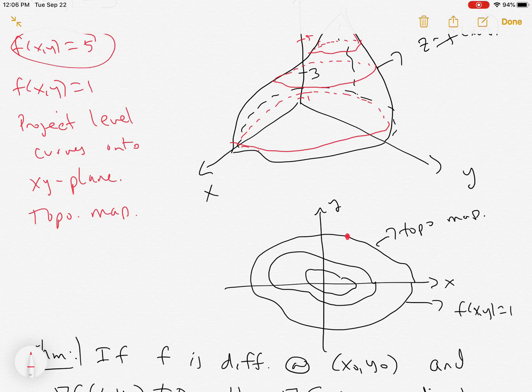And that's where P naught is, x naught, y naught, okay? So right there, perpendicular to it, is the vector del f evaluated at P naught.